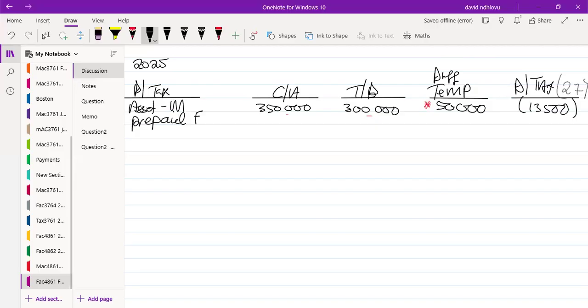However, we are going to create an asset under the current asset of prepayment, which is 20,000. SARS does not recognize a balance on a prepaid expense. This is because SARS did allow you to deduct the amount in the current year, so they don't have a balance in their hands. Right.